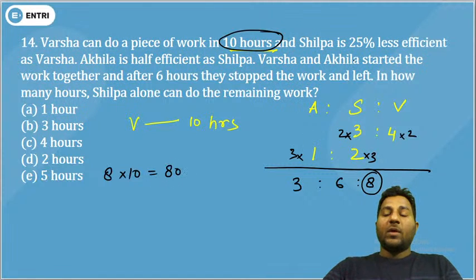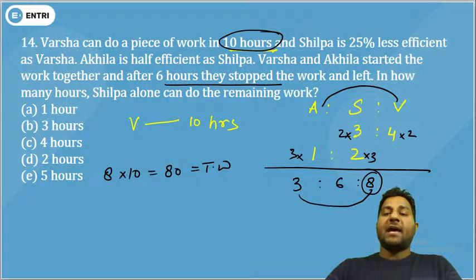Okay. Varsha and Akila started the work together. So we have figured out the total work. Now we need to find the rest of the work. Varsha and Akila started the work together and after 6 hours they stopped. So Varsha and Akila have a combined 11 efficiency, and in 6 hours they will do 66 work.